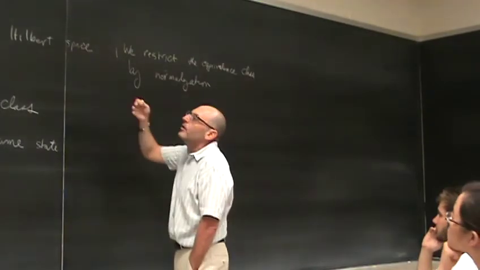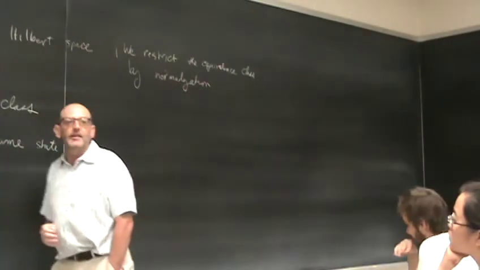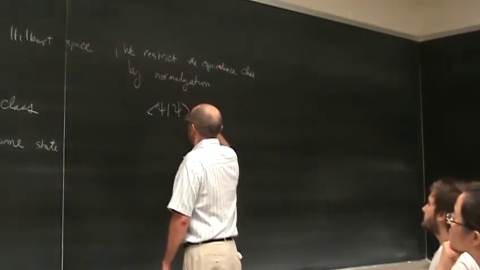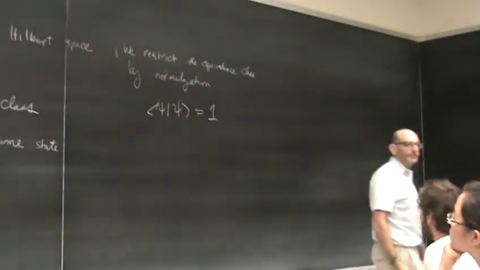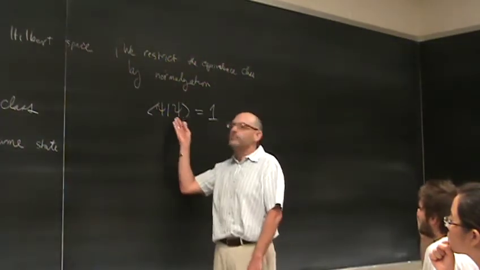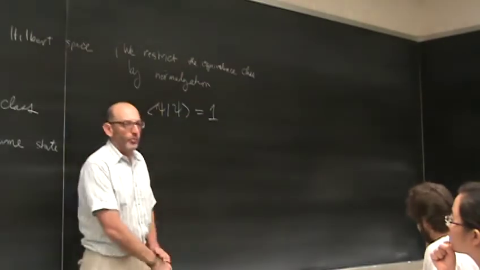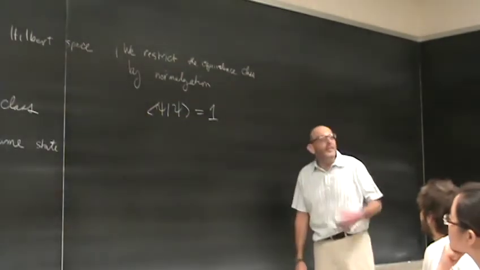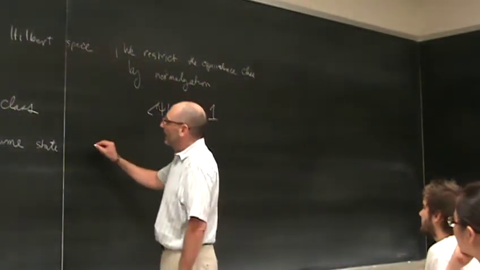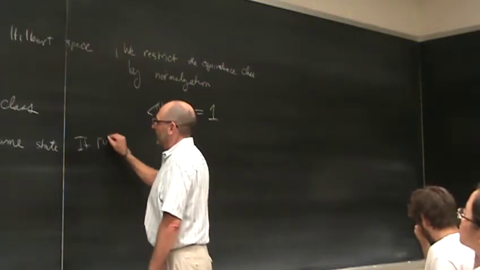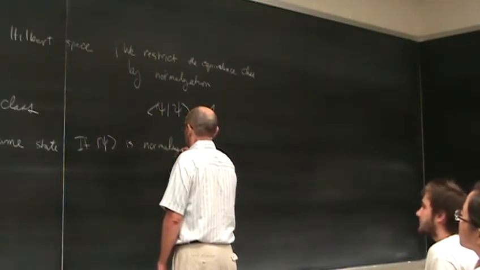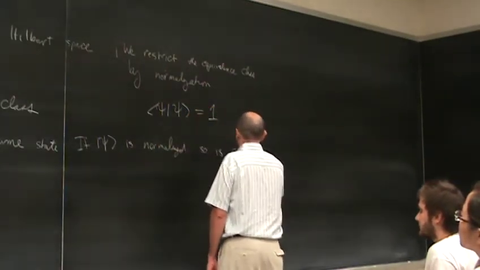So we pick within this class of states to represent the state, to choose it to be a unit vector, having length 1. If it's not normalized, we could just divide by its norm and make it norm 1. As we've discussed, that doesn't nail it down completely, because if this state is normalized, so is this.